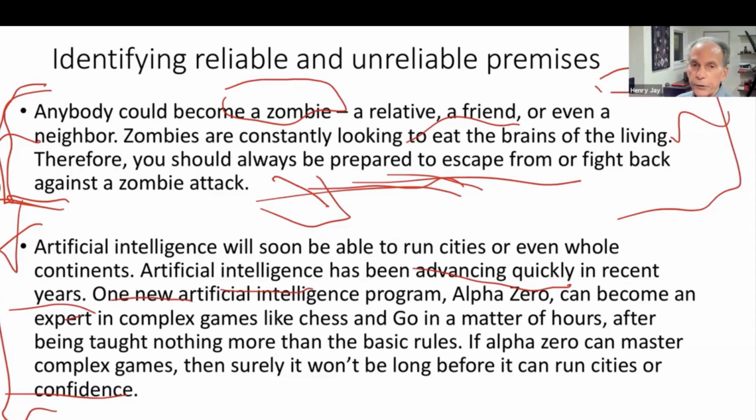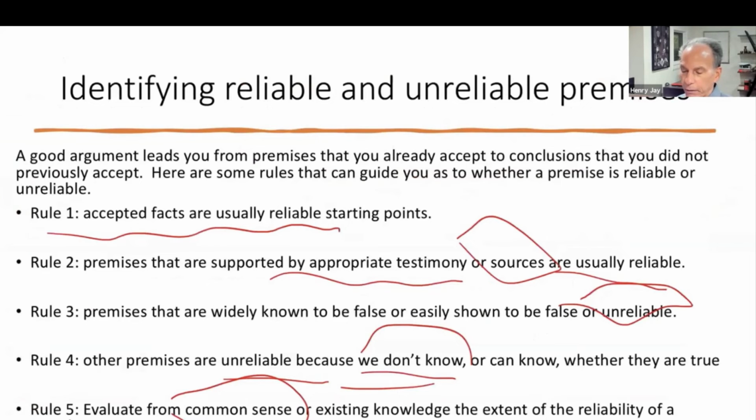The next: a new artificial intelligence program, AlphaZero, can become an expert in complex games in a matter of hours after being taught nothing more than the basic rules. What's the strength of that premise? Well, we may simply not know.